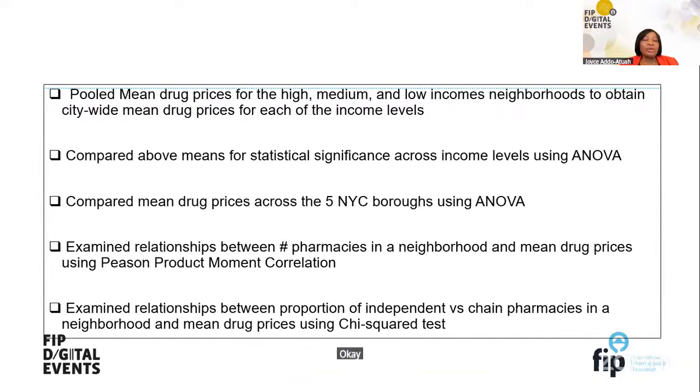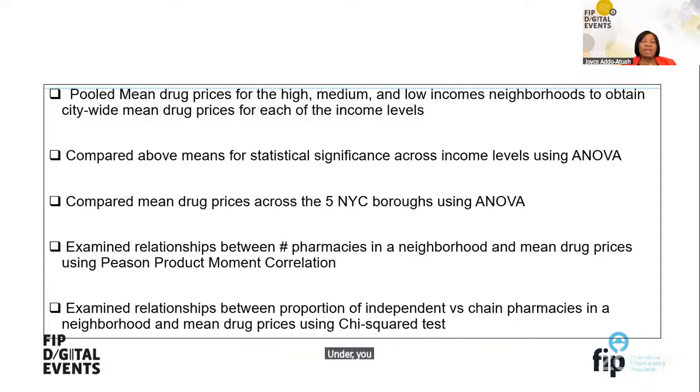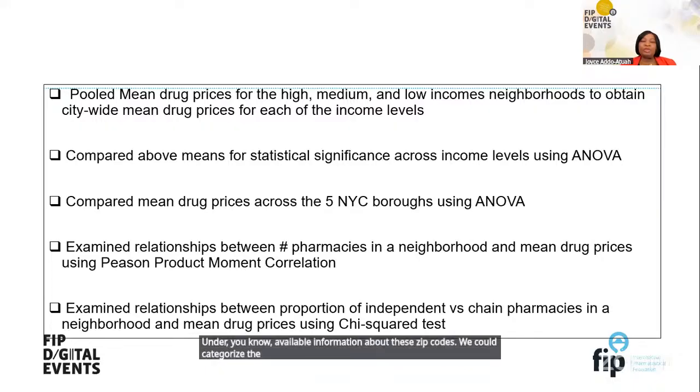Okay. So how did we analyze? Of course, we pulled the mean drug prices, because we had available the different neighborhoods, the zip codes, and the available information about these zip codes, we could categorize the zip codes into high, medium, and low income neighborhoods.